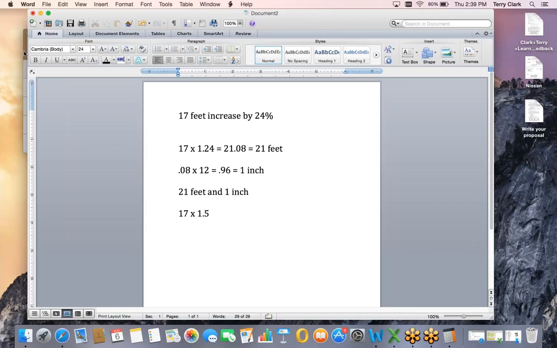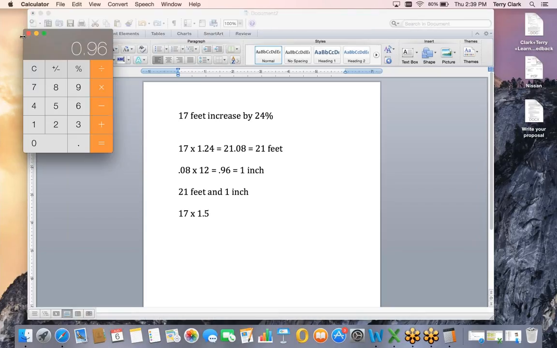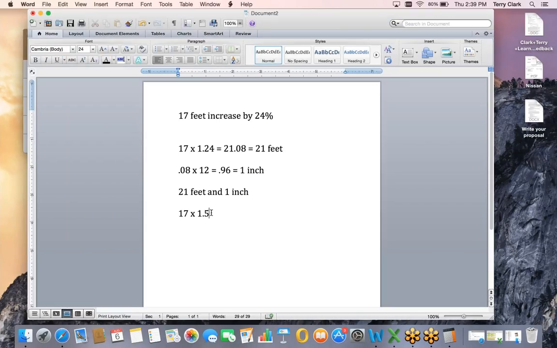So that's going to be for the feet. Now let's look at the meters. You still have to add 1 in front of it. So if you got 0.24, you add a 1 in front of it and it gives you 1.24, because the 1 represents the 17 feet. 1 times 17 is 17.